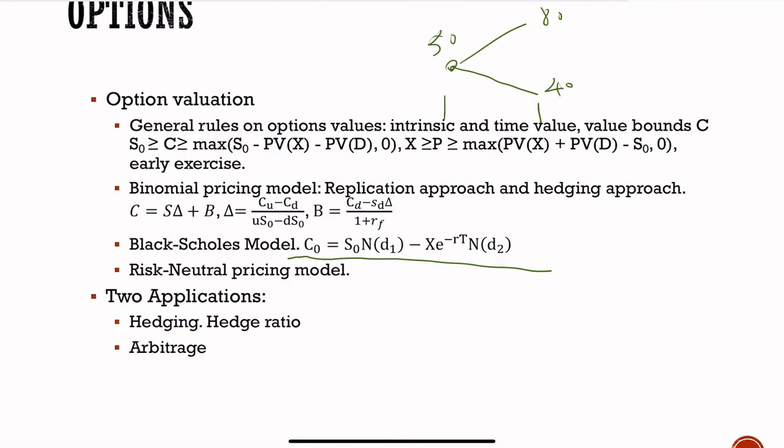Replication basically means you will replicate the payoff of the call option using stock and bond. And because you can replicate the call option's payoff, it means the price of the option should be equal to the present value of this replication portfolio. So this will give you a pricing formula.